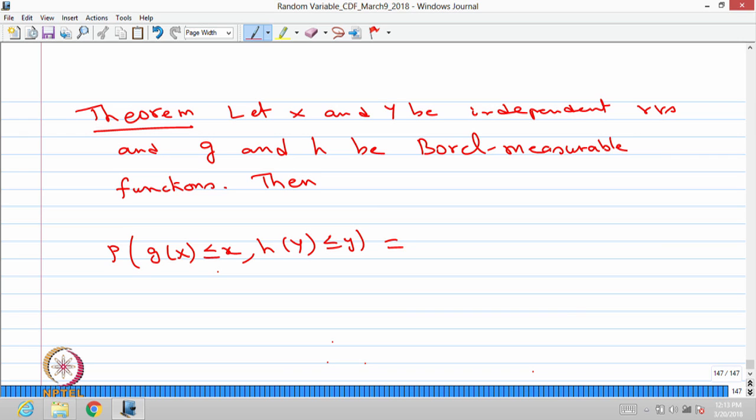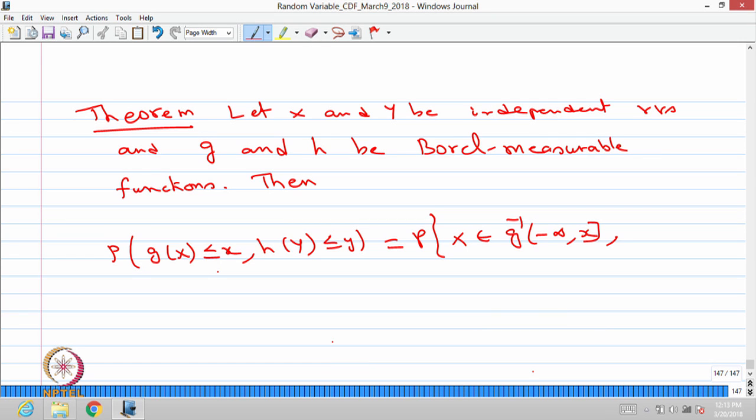That is the probability of X belonging to g inverse of minus infinity to x closed interval.